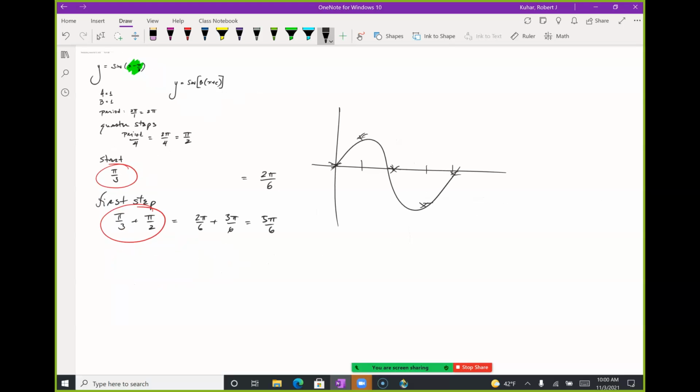Okay, so I purposely translated it into the same denominators because now I can just see what I'm adding upstairs in the numerator. To get from my start to my first step, what am I adding in the numerator? 5 pi? I like the pi in there better.